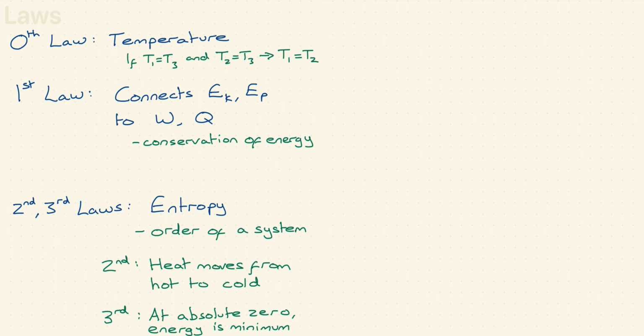In essence, if T1 equals T3 and T2 equals T3, then T1 equals T2. This may seem obvious to you, but maths needs these things to be accepted as law in order to do more complex tasks with confidence.